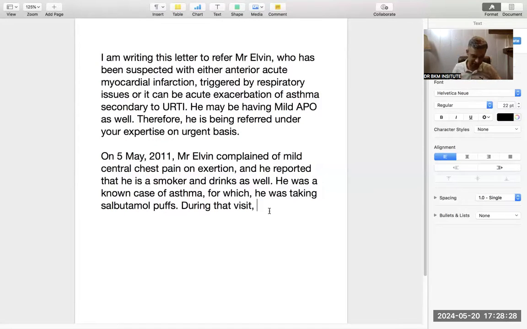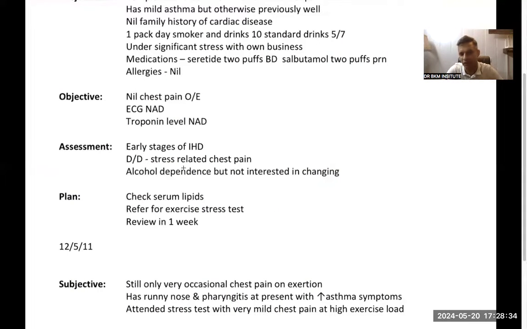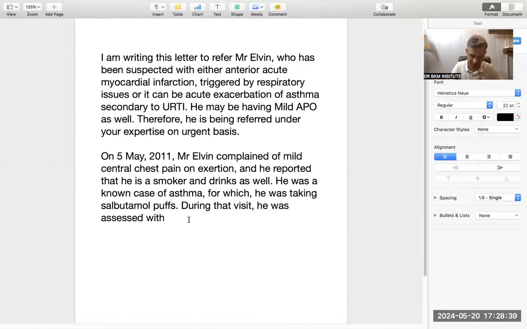So during that visit, he was assessed with. When the word assessed is given, I will write assessed. Early stages of IHD and stress-related chest pain. Same, nothing changes. That's it.